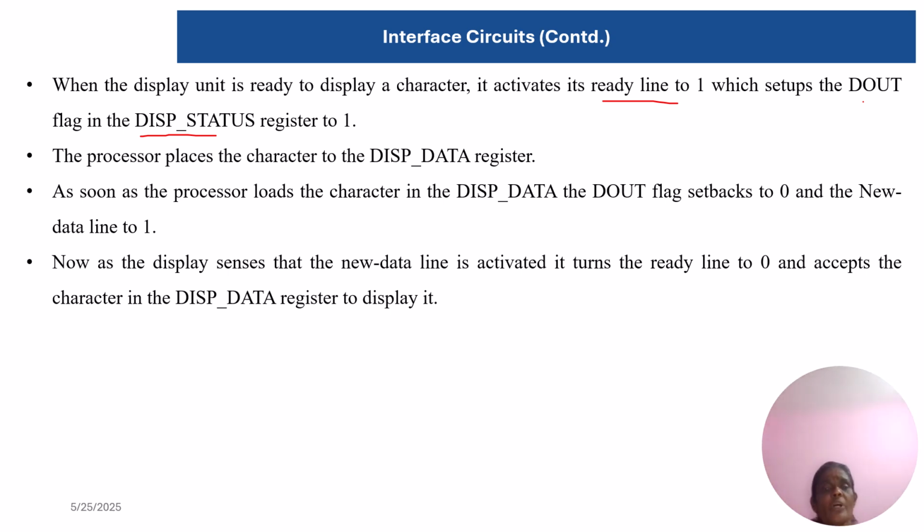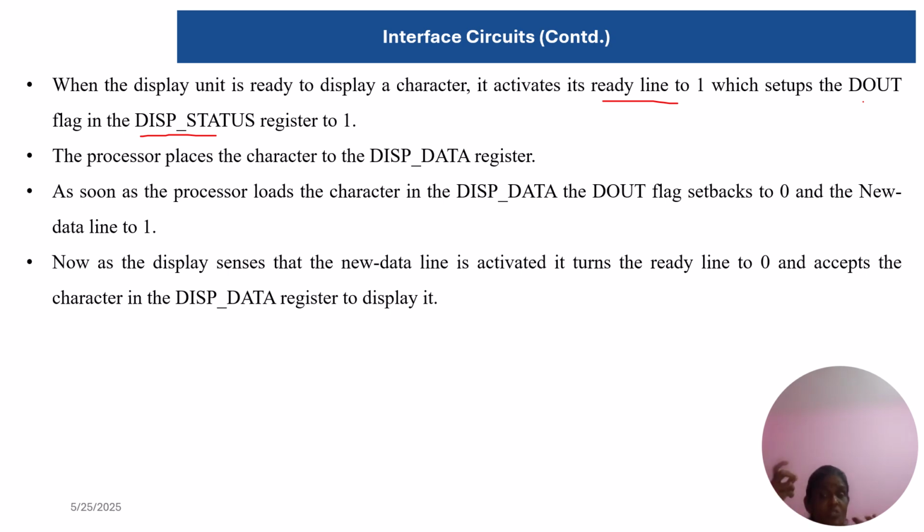As soon as the processor loads the character in the display data register, the data out flag is set to 0 and the new data line to 1. What is happening here is that the processor puts the data to be displayed while the status is 1, and the display unit takes the data and displays it.